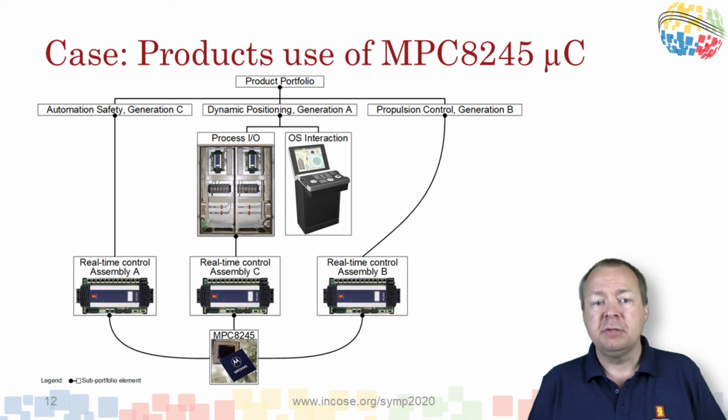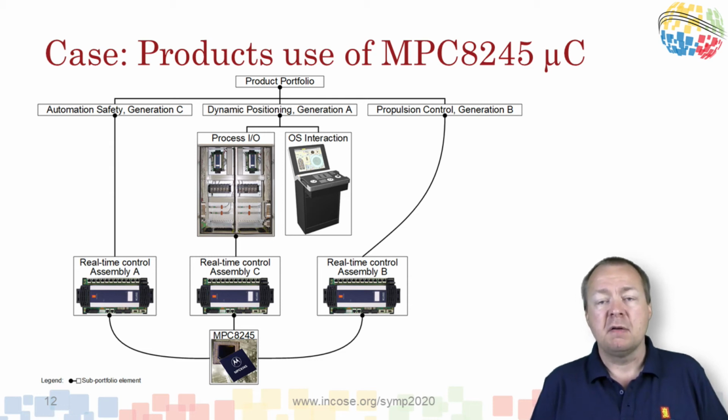I will now introduce the case in this study. In the case, we will look at Freescale's MPC8245 microcontroller. The MPC8245 is a part of the PowerPC 600 family built on power architecture technology. It was introduced in the mid-1990s. KM have designed their real-time controllers around the architecture of the MPC8245.